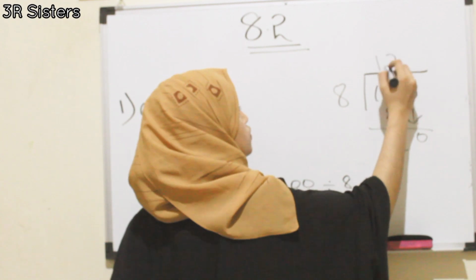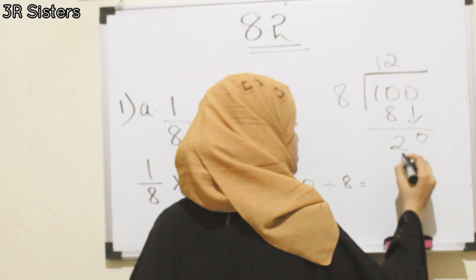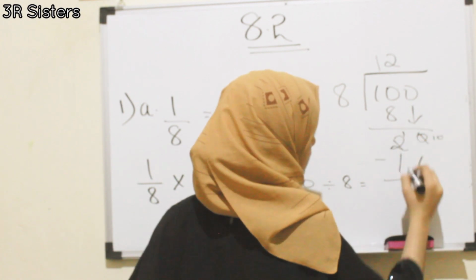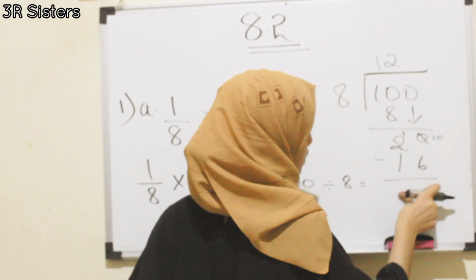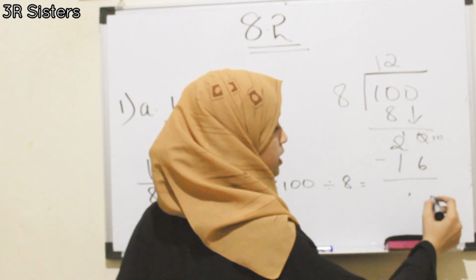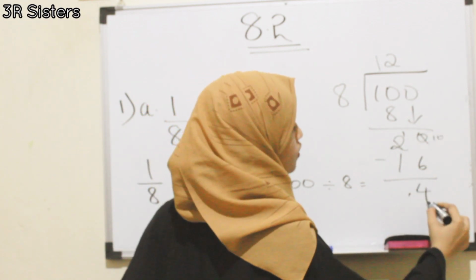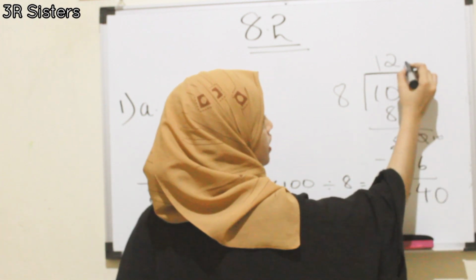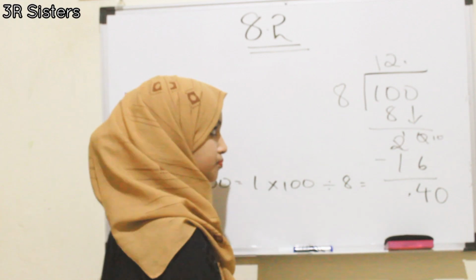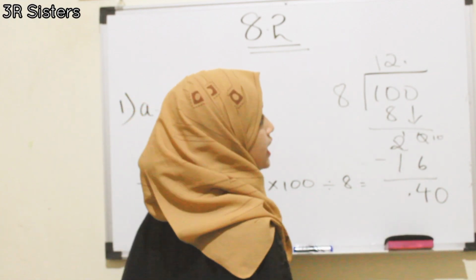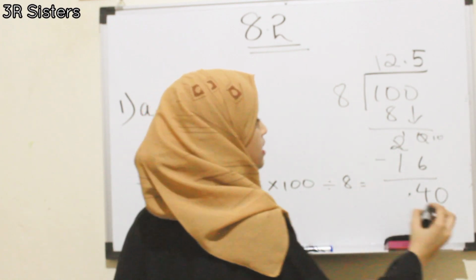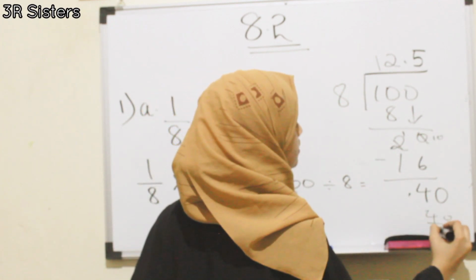In 20, 2 times 8 will go, then 16. Instead of this 0 we will put a point, and then 10 minus 6 is equal to 4, we will put a 0 over here. Now in 40, how many 8s are there? 5 8s are 40 and then 0.